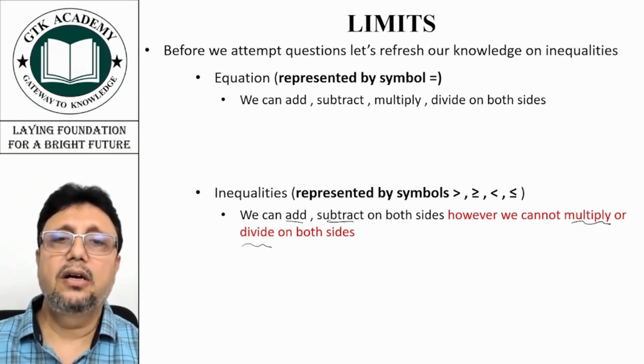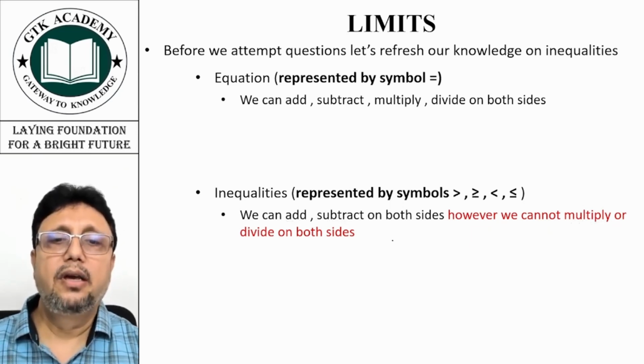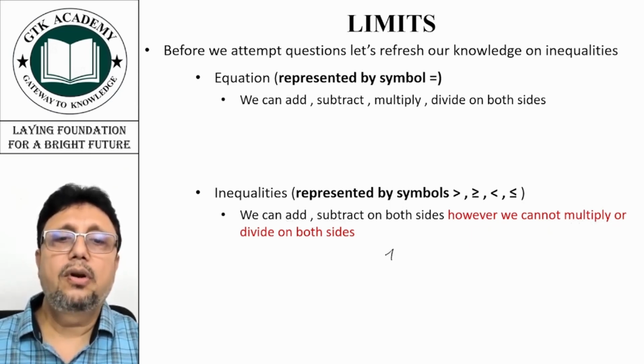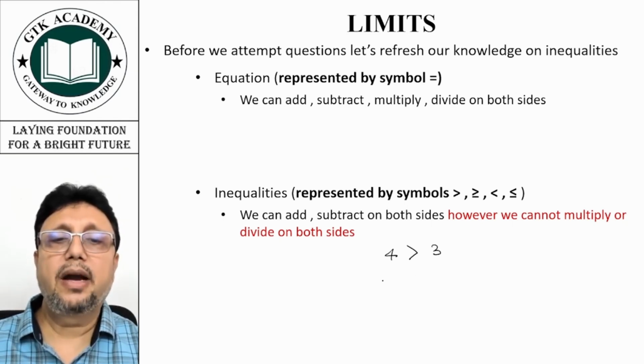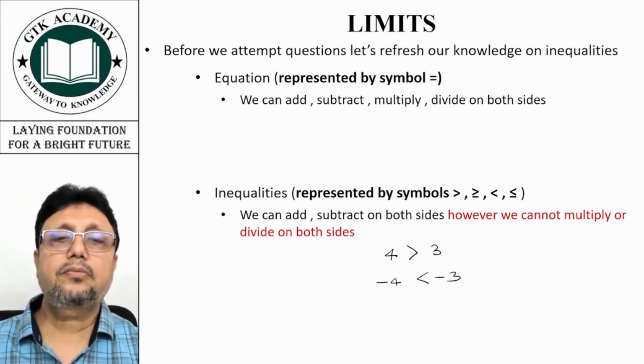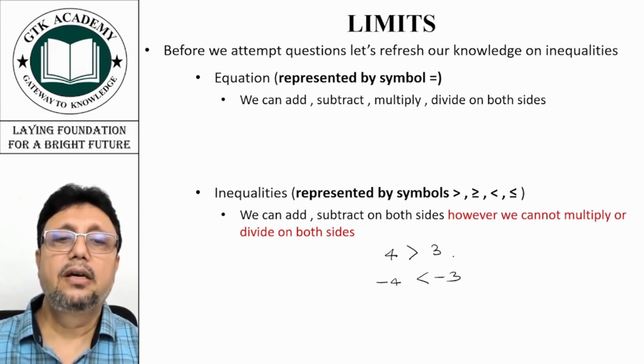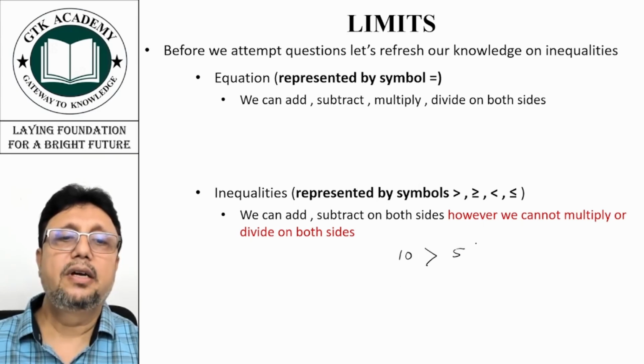I'll just demonstrate with some examples. For example, 4 is greater than 3. But if you multiply by minus 1, minus 4 is less than minus 3, right? 10 is greater than 5 is greater than 2.